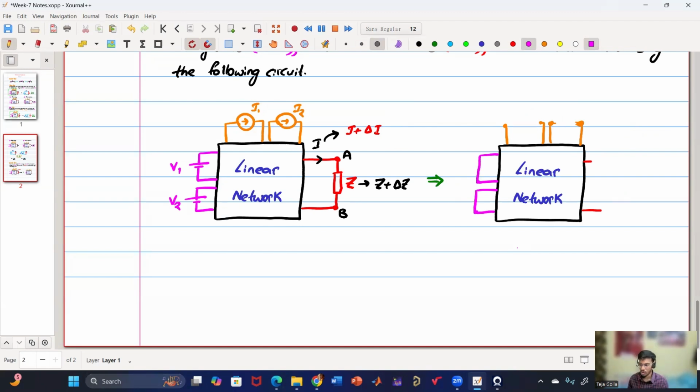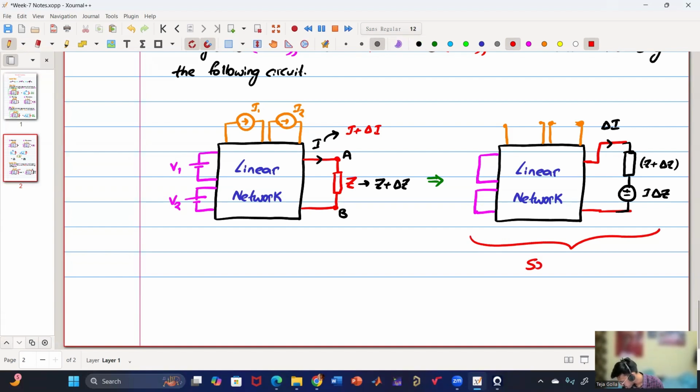And instead of the load, we have one voltage source and an impedance. In the effective circuit, the current will be delta I, the impedance will be Z plus delta Z, and the voltage source will be I delta Z. So this is the equivalent circuit where you have to solve for delta I.